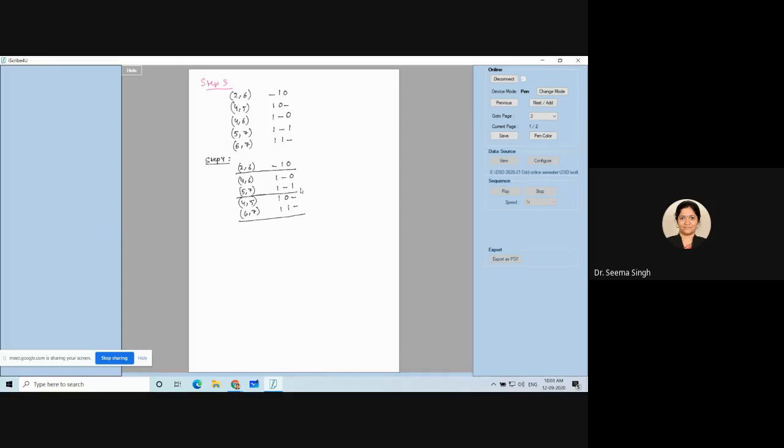So this is your group based on the place of dash. Now in this you can see that again there is a 1 bit change. 1 is same, dash is same, and again there is 1 bit change. And this 1 bit change can again be grouped together by placing a dash.